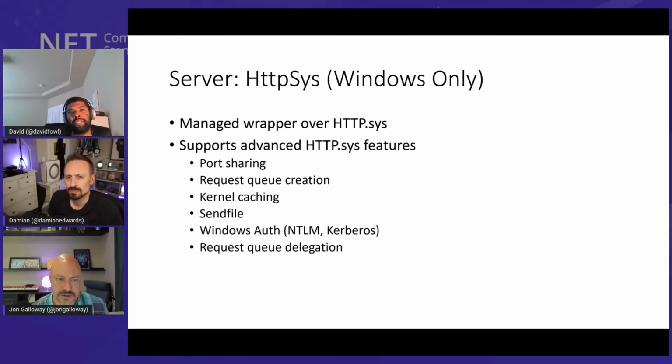Send file is a unique capability that's actually available at the socket level. The feature here is if I want to send a file as a response to a request, someone sends a request to me and I want to serve a file, it could be JavaScript, CSS, whatever file is required.